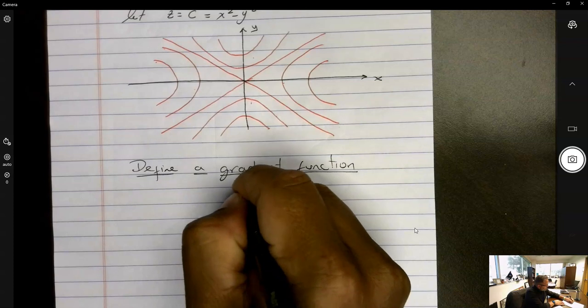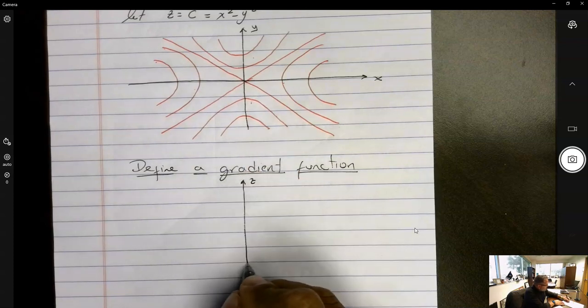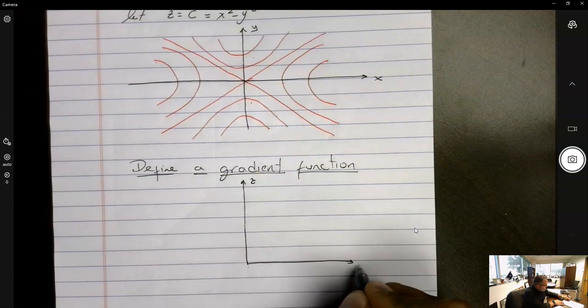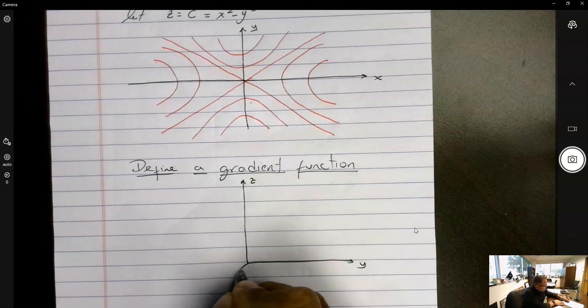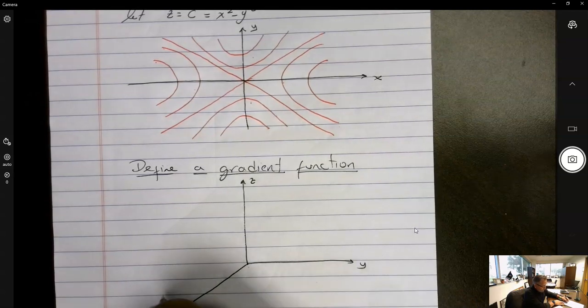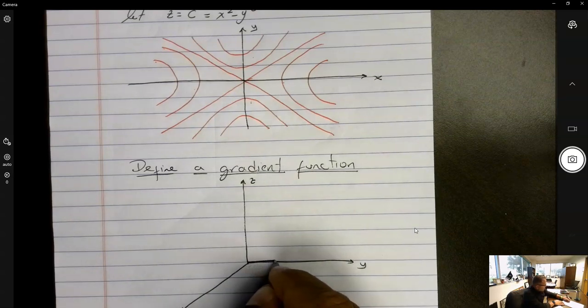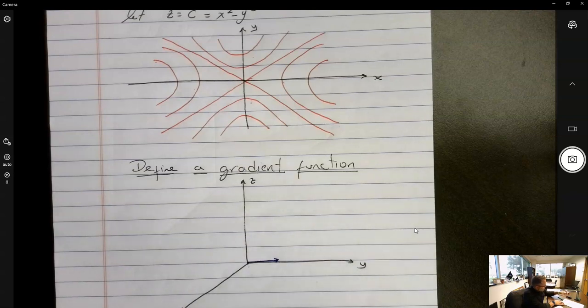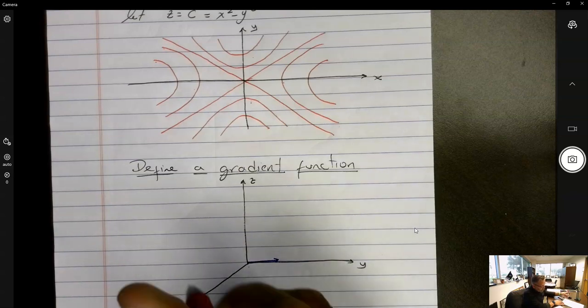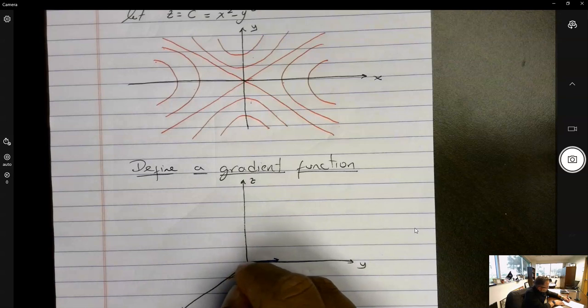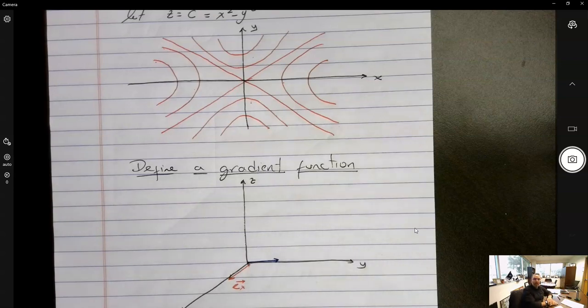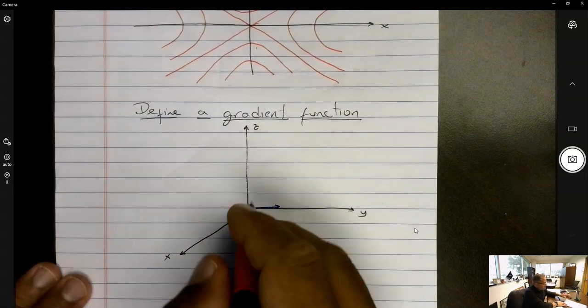So let's draw the Cartesian coordinate system again, x, y, and z. And let's draw these vectors that run parallel to each of the axes.